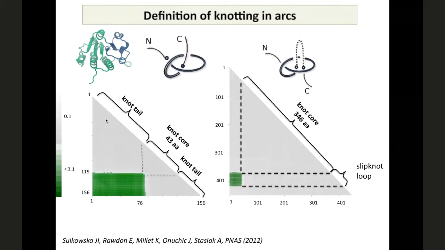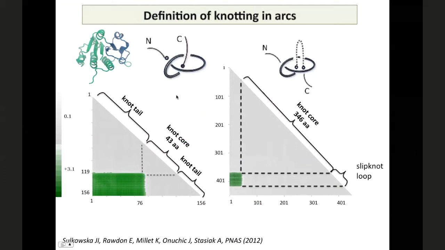You can see here the green color indicates all amino acids which form a knot. I hope you can see here. So the last amino acids, let's say, that you can count before destroying the knot are 76 or 119. So this will be this point and this point. And if you cut a little more, then you will destroy the knot.